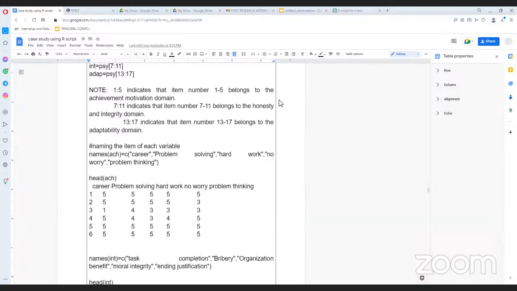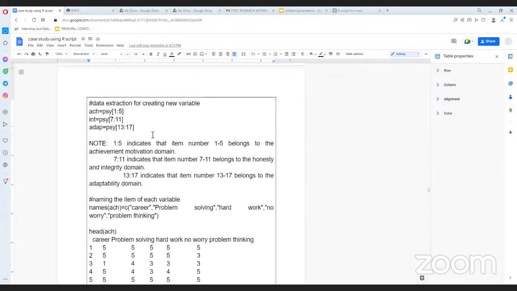names(ACH) is equal to c(career, problem...). Here you can find these 5 items I have selected, 1 to 5. Now I am giving names to these 5 by using names(ACH). ACH is the new variable, and this variable is a data frame.